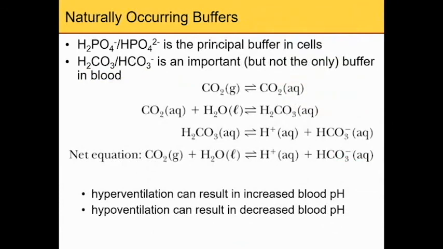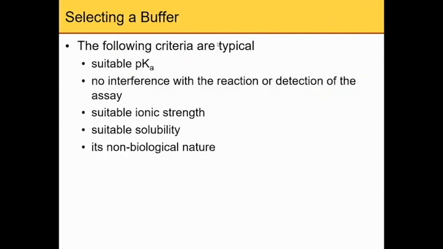So these are some naturally occurring buffers, which are important. To select a buffer, you need a suitable pKa that does not interfere with the reaction or detection of the assay, suitable ionic strength, suitable solubility, and non-biological nature.